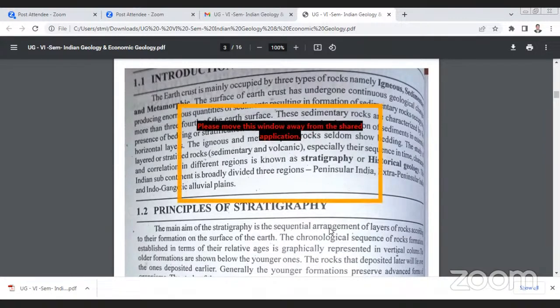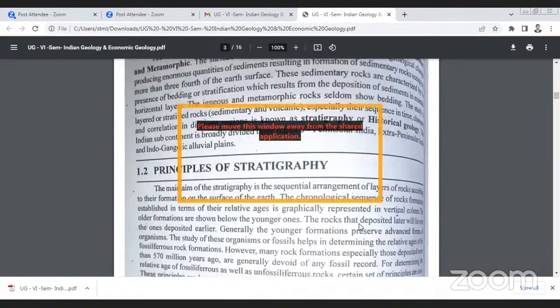The chronological sequence of rock formations is established in terms of their relative age, and graphically it is represented in vertical columns.